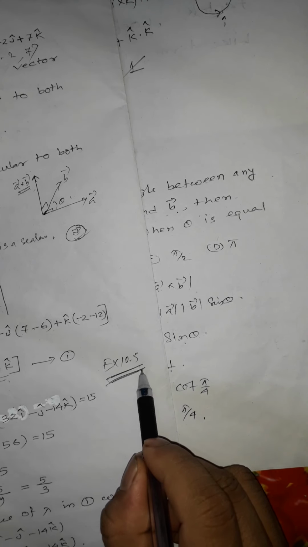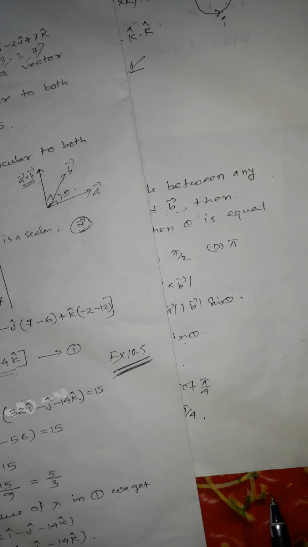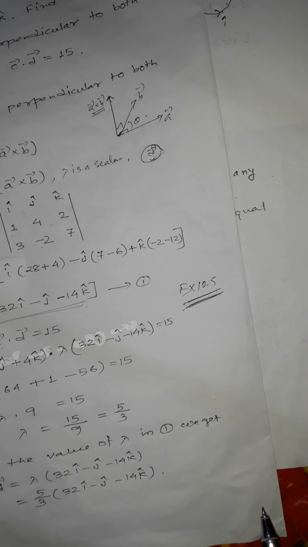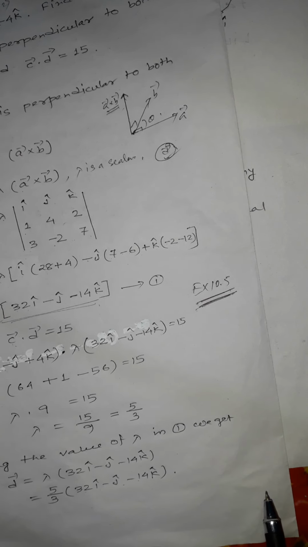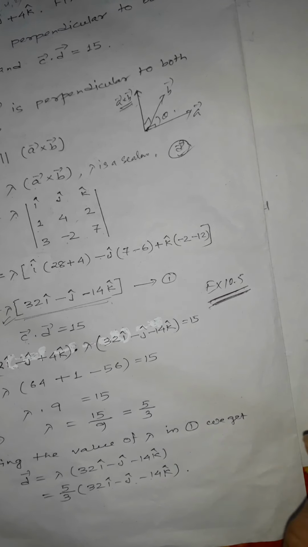Okay, so this chapter is completed. You have to study this chapter nicely, because this chapter carries around 10 marks, and this chapter is not very hard, so prepare it nicely. Okay.